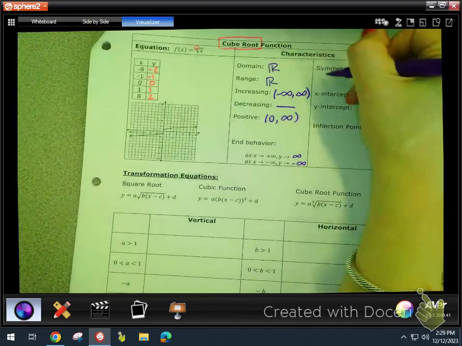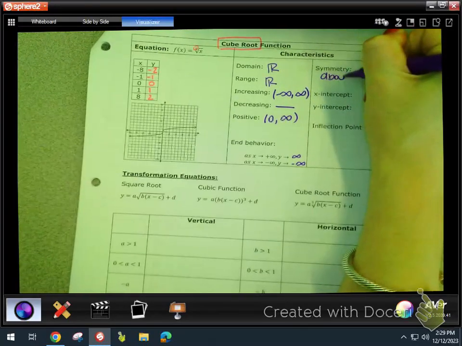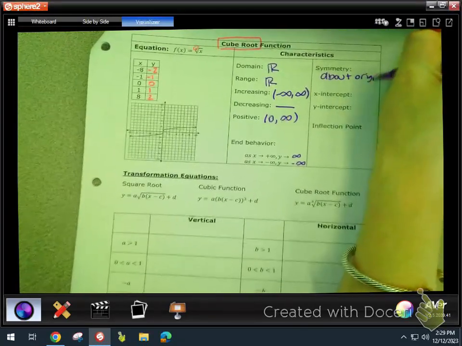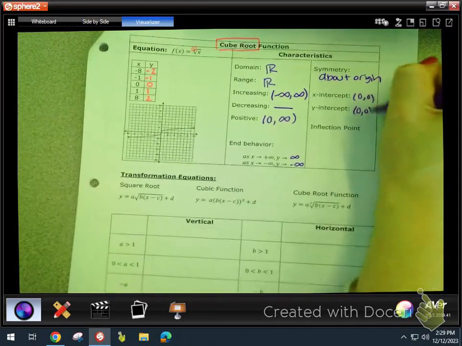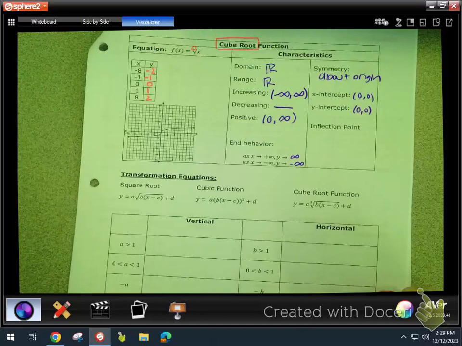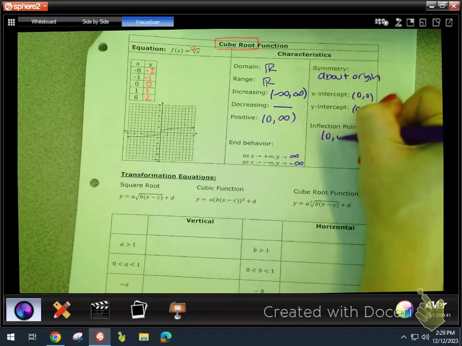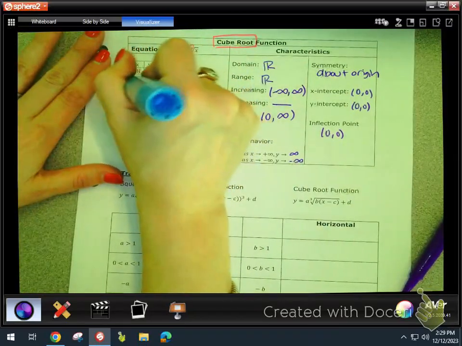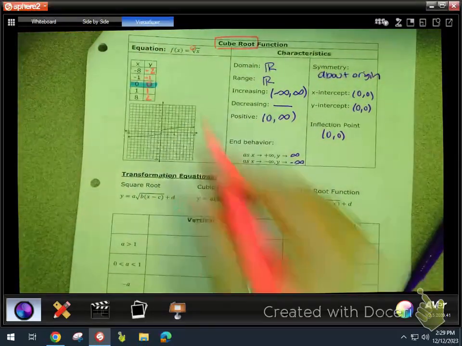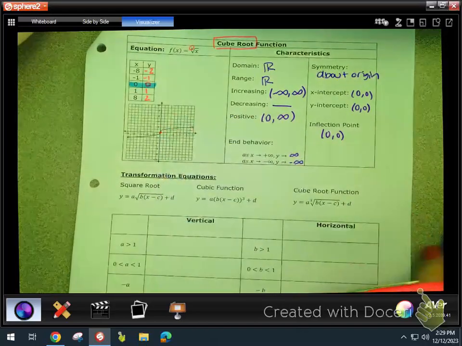There is symmetry about the origin, again. Your x and y intercept, again, this is just the parent, is (0, 0). You will have your point of inflection, so kind of where you have the twist, wherever the (0, 0) point is, or however it is transformed. And that's where your symmetry is.